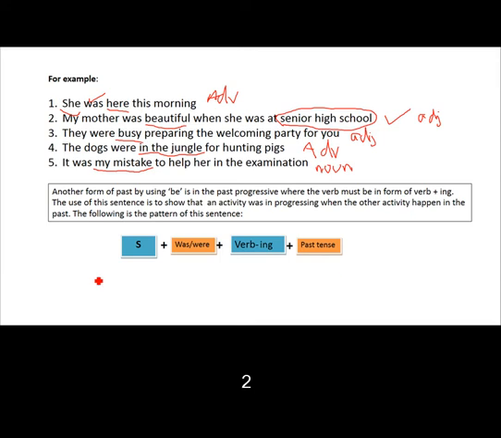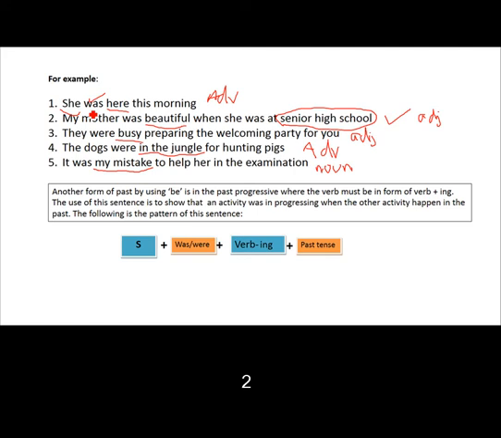I think it will be very clear for you if you look at this example how to use the verb be in a past form. So every activity that is not done to now or at the present, we call it past. So she was here this morning, meaning that when I am talking right now, she is not here anymore.